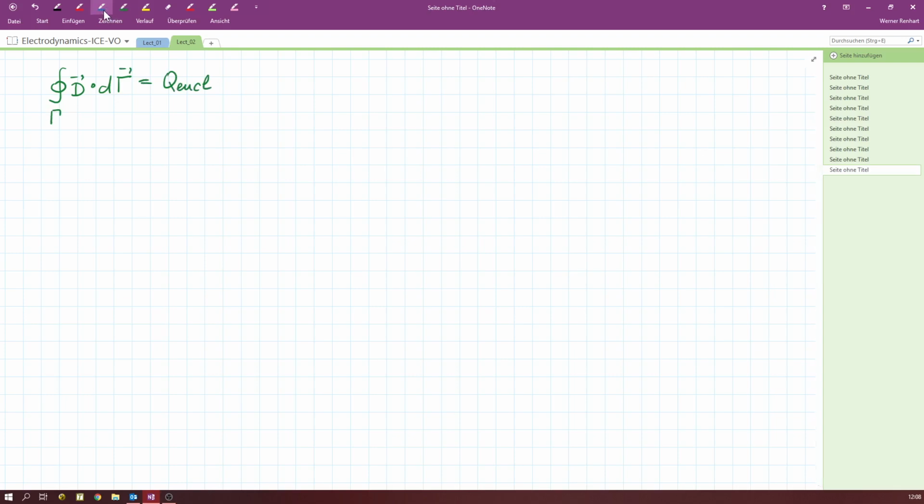Now applying the divergence theorem, which we already know, we can say our closed surface integral of D dot d gamma can be changed to a volume integral of the divergence of this vector D d omega.